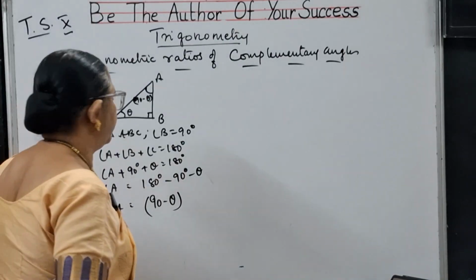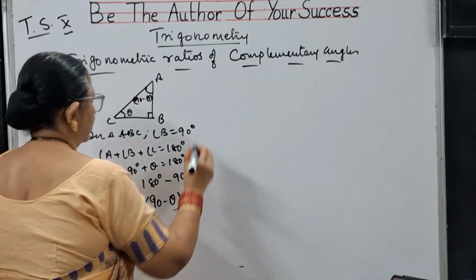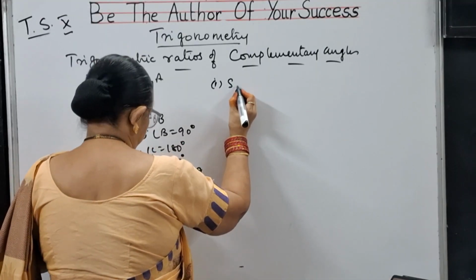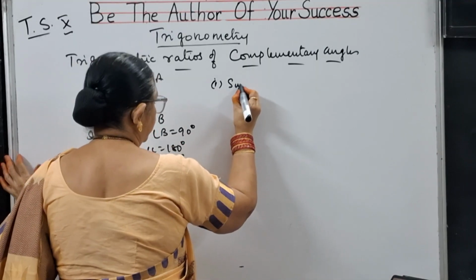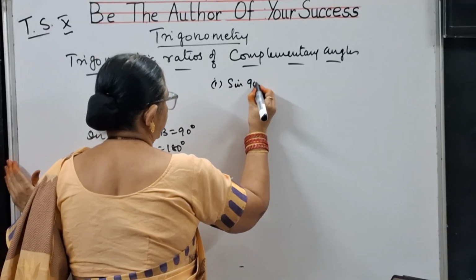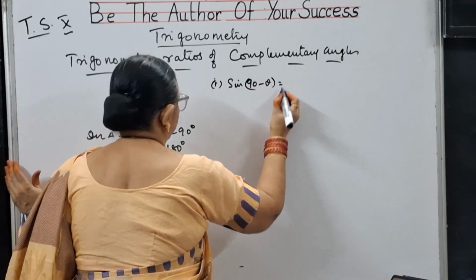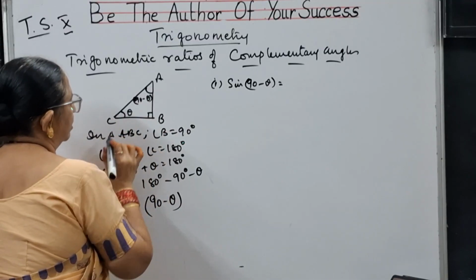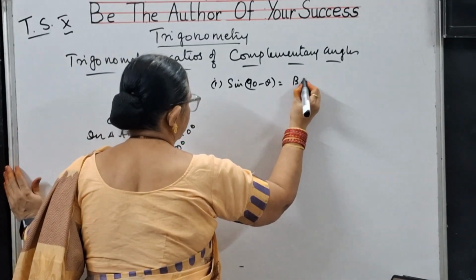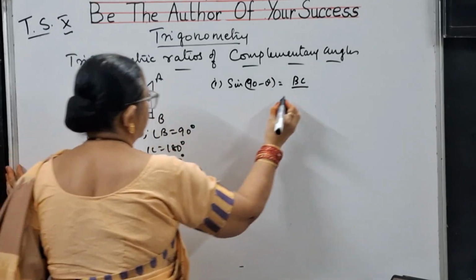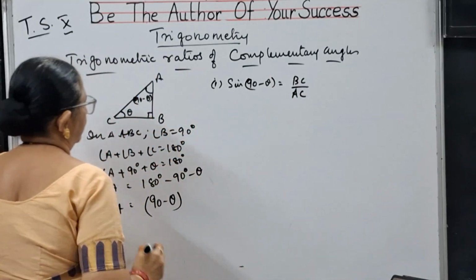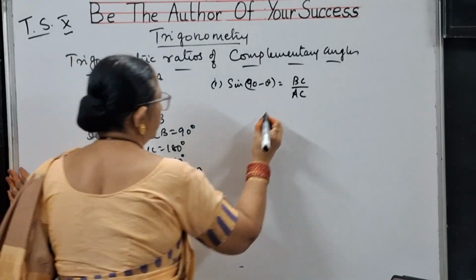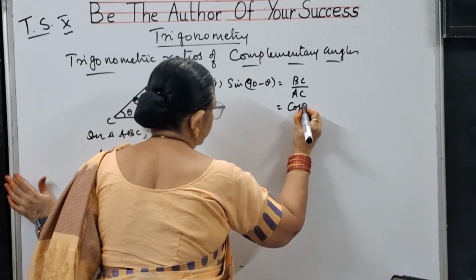So, let us go for trigonometric ratios. First one is sine 90 minus theta. This is nothing but opposite side, that is BC, by hypotenuse AC. But BC by AC in terms of theta is nothing but cos theta.